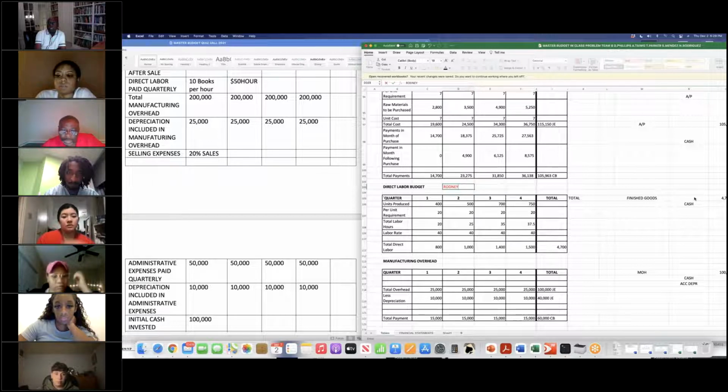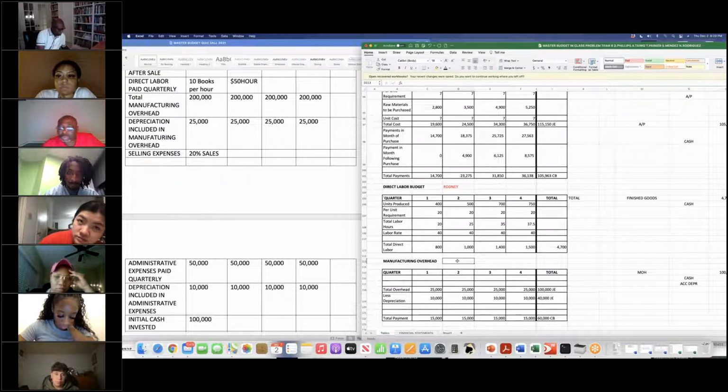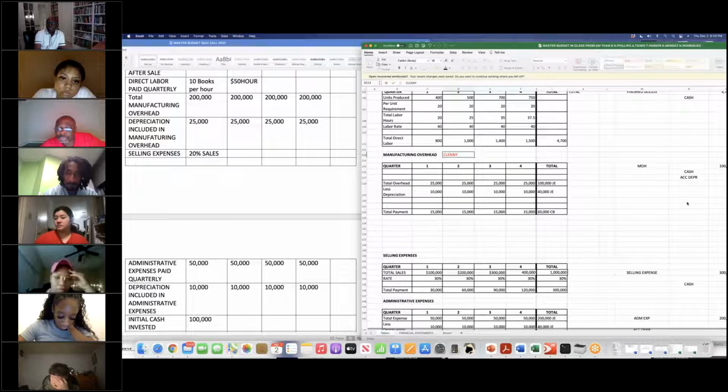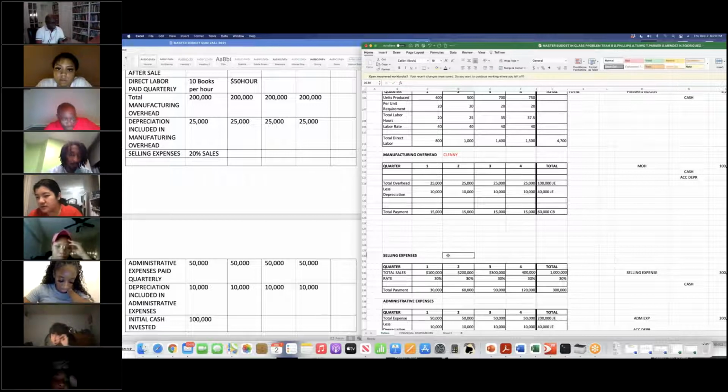Manufacturing overhead, we'll go with Clenny. Dominique, we're gonna give you selling expenses.